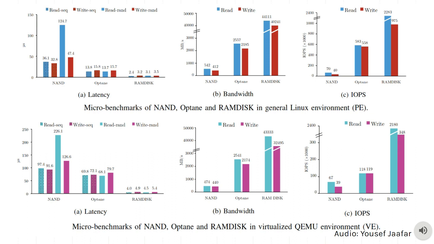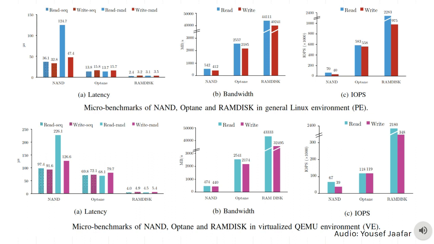RAM disk is the fastest device in all cases, owing to the more rapid memory speed obtained by using DRAM. However, Optane is only 5 times slower than RAM disk on average, while NAND is 10 to 40 times slower than RAM disk.